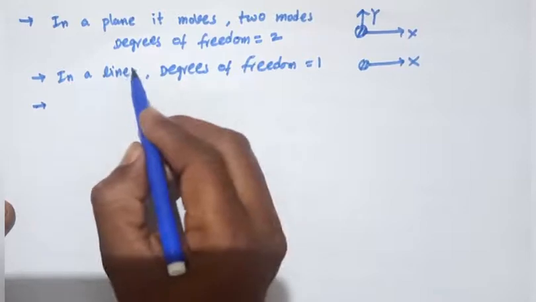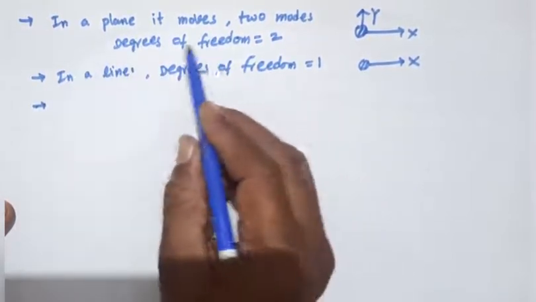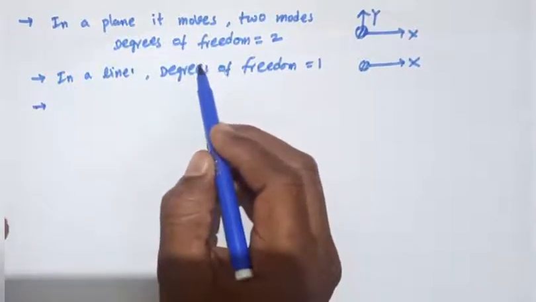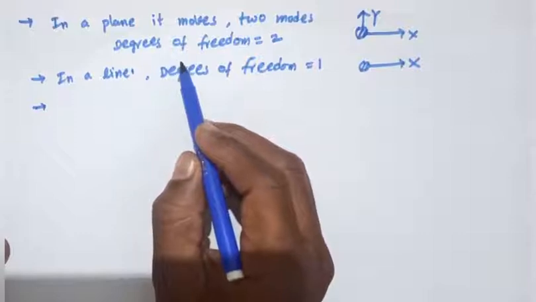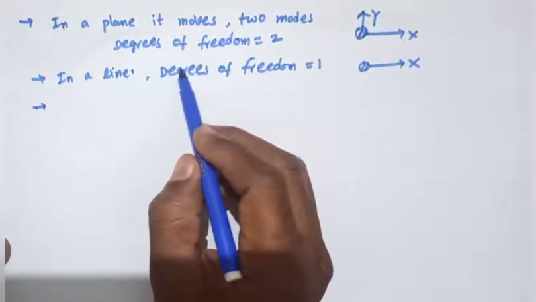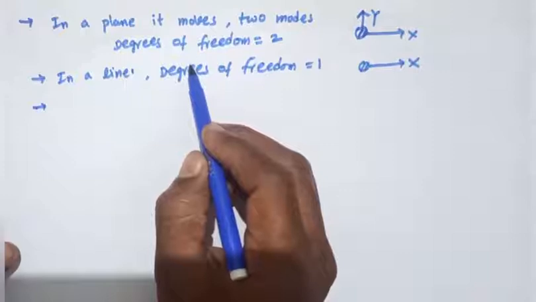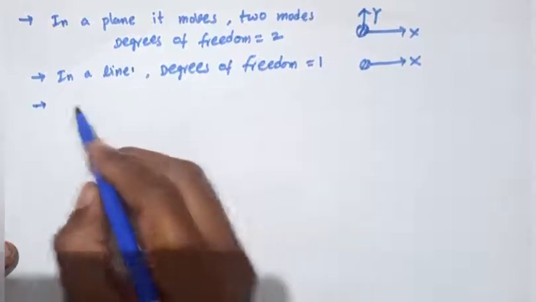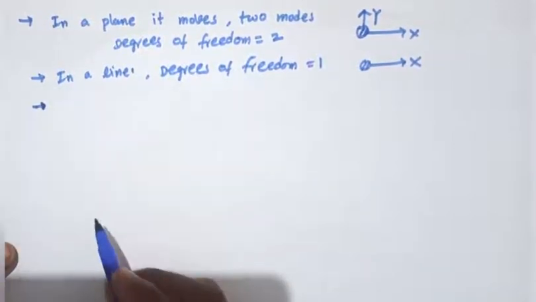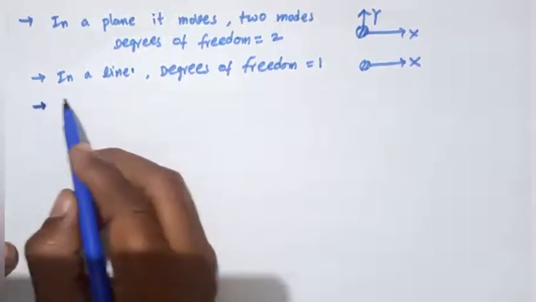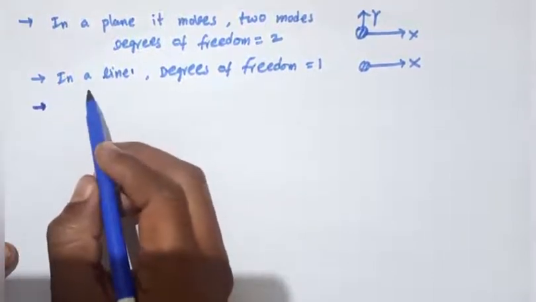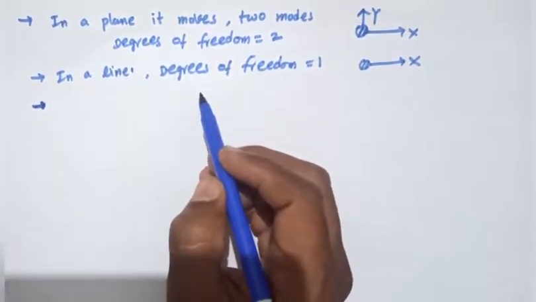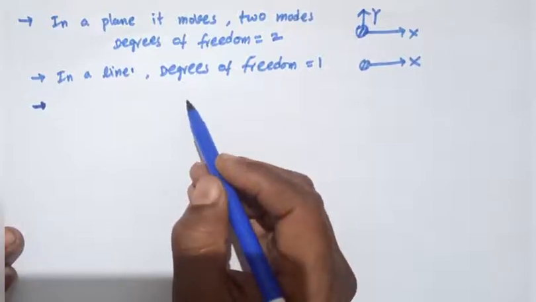Now the distribution of energy: the total energy is distributed among the possible modes, and each mode carries half kBT. Already we discussed that the total energy is distributed among the possible modes. Here kB is the Boltzmann constant and T is the absolute temperature.